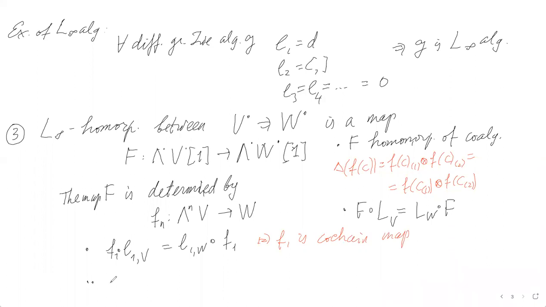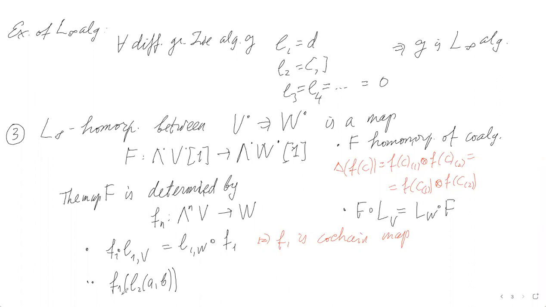So we have the following identity: F1 of the bracket, that is of L2 of A, B. I am omitting V and W from now on because it makes very little sense when it is clear what is on what side, but it will make our writing a little bit shorter.